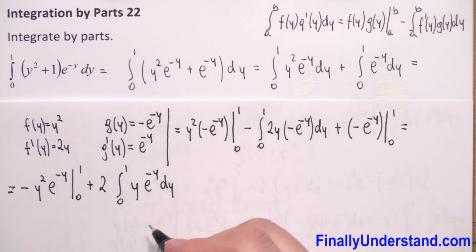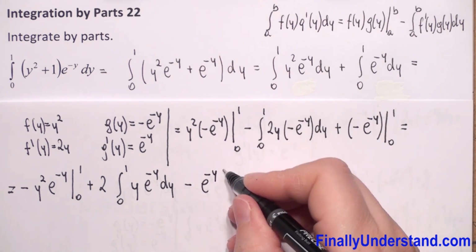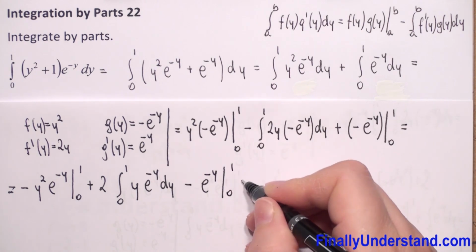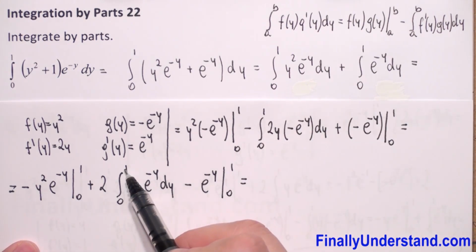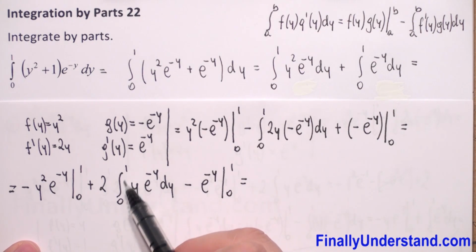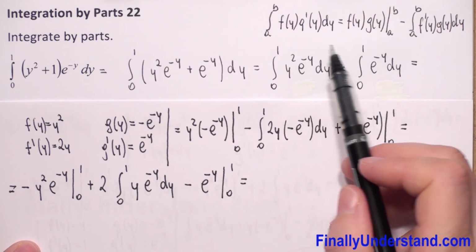Positive and negative give us negative e to the power negative y, limits from 0 to 1. So this is equal. Now we have to copy everything, and to solve this integral we will use the integration by parts formula again.